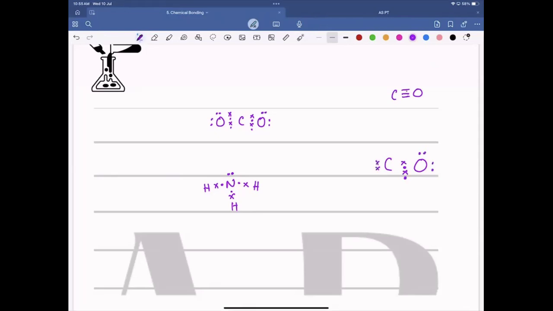Now, to make this third bond, can you make it by sharing 1 electron from here and 1 electron from here? That would be a covalent bond, not a dative bond. But if you do it, count the electrons of carbon: there are 7.